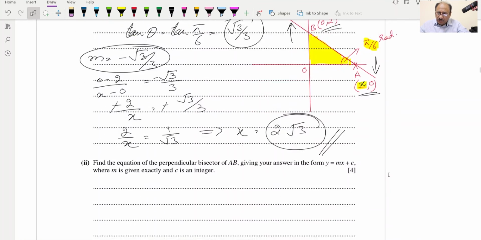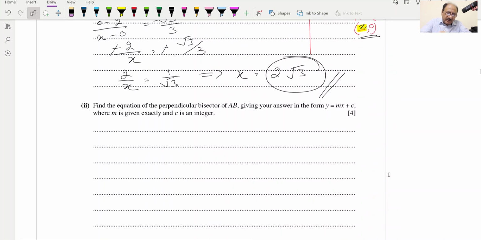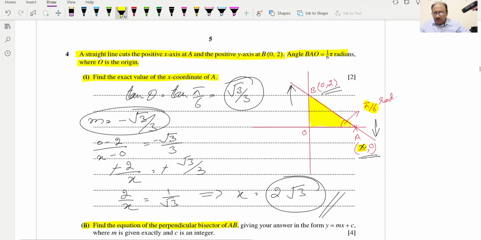Hopefully you understood this. Now for the second part, they are saying find the equation of the perpendicular bisector of AB. First of all we will draw the perpendicular bisector of AB over here.